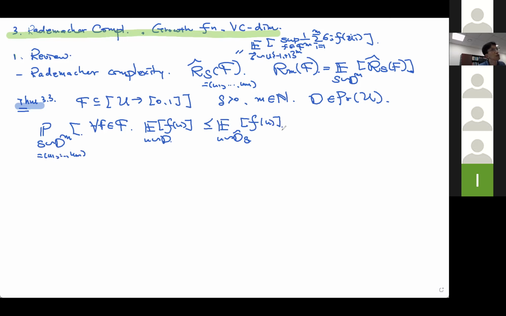If we just say they are equal, that's always wrong, so we want to put some slack. That slack consists of two parts.